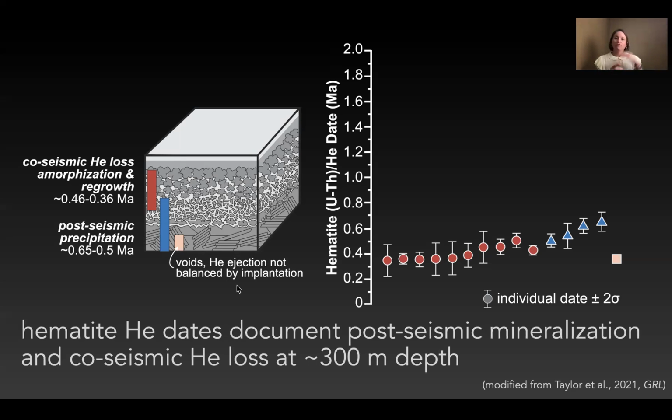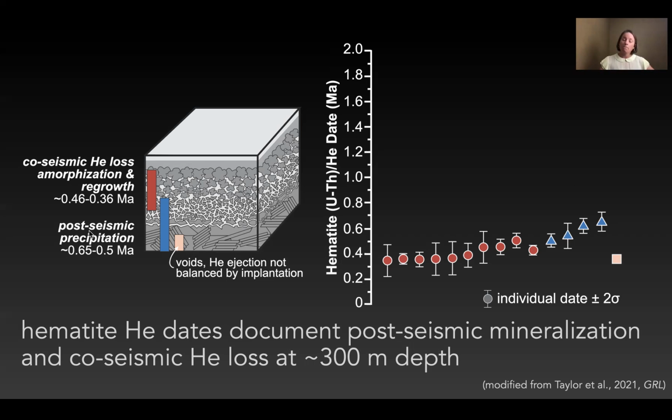We know from independent thermochronometry and estimates of the amount of footwall exhumation or erosion that these dates do not simply record cooling ages. We can combine those independent constraints with our grain size controlled closure temperature estimates from our hematite to pinpoint these fault specific data to 300 meters depth.